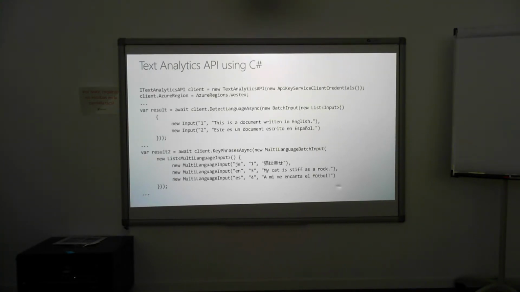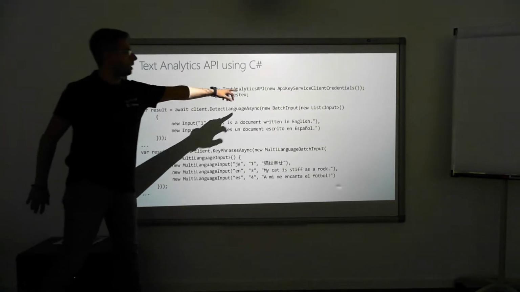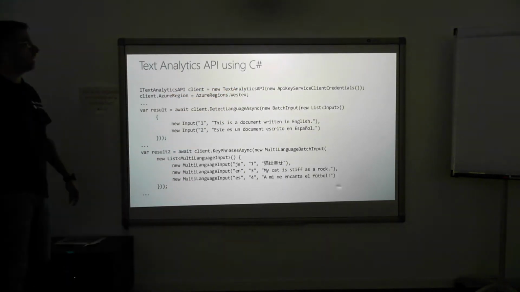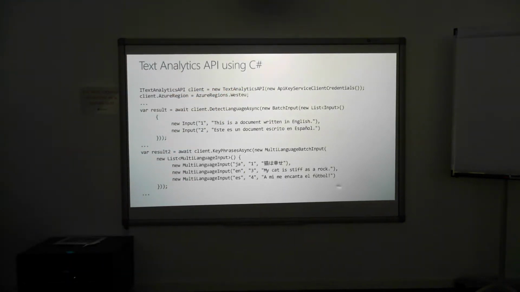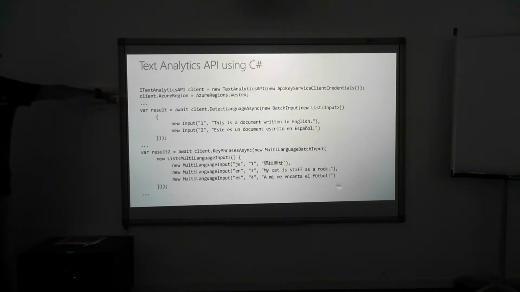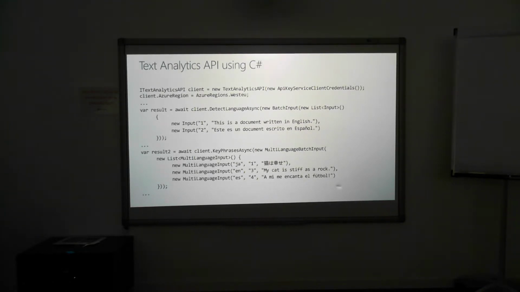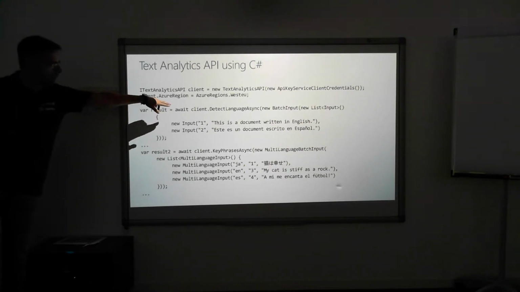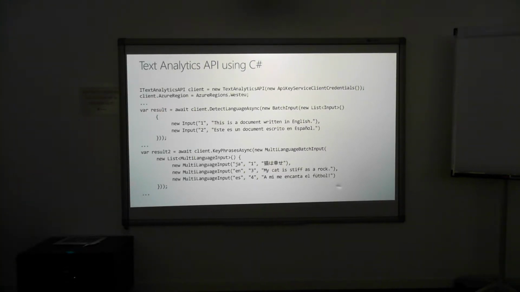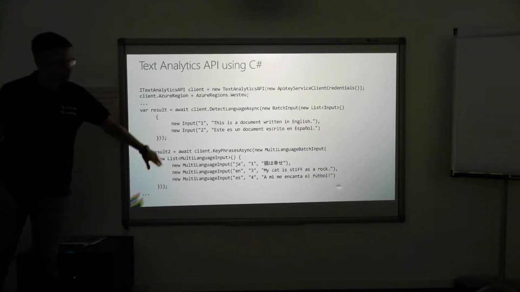These classes are used here when you create a new instance of Text Analytics API. You have to set the Azure region because you are able to create this service in different Azure regions. And then you are able to use this client, like detect language or key phrases, passing some inputs, like this.